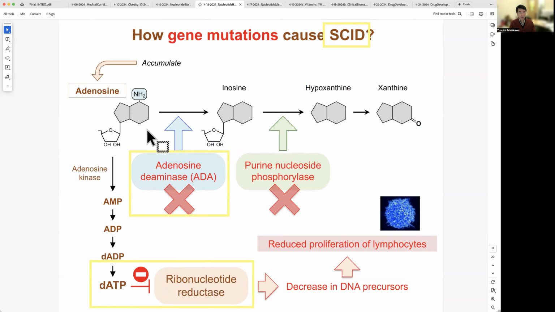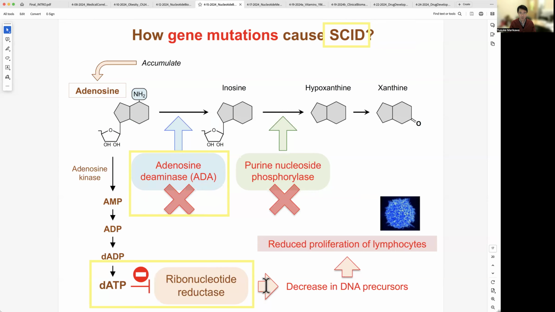So missing this enzyme will lead to the accumulation of deoxy ATP, dATP, which is the inhibitor of ribonucleotide reductase, the one I emphasized early on. So that's the link between this enzyme and SCID.